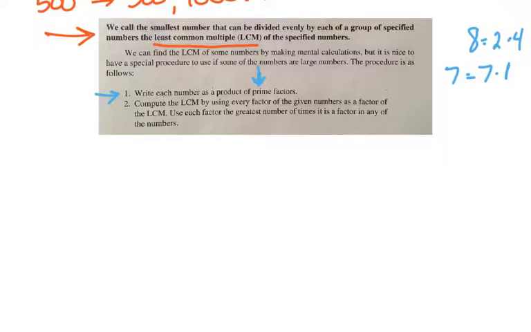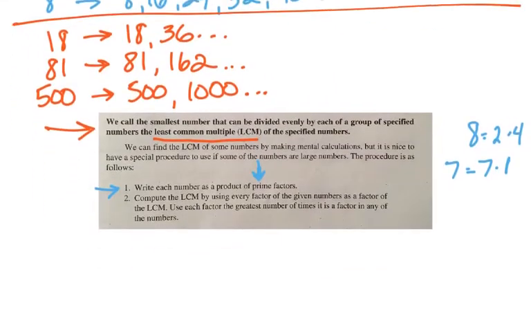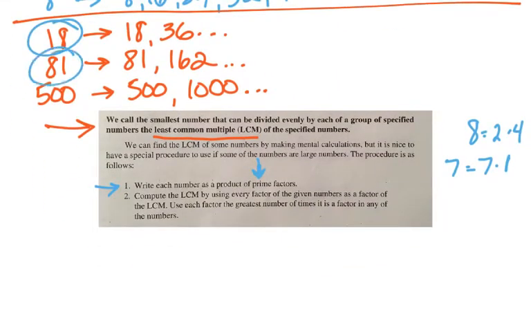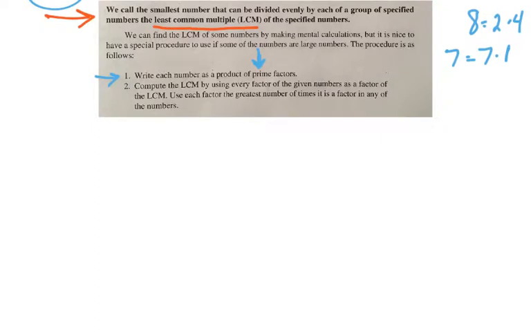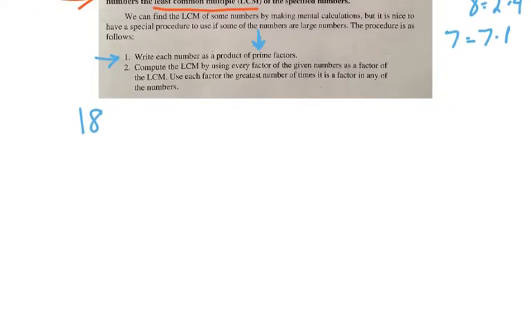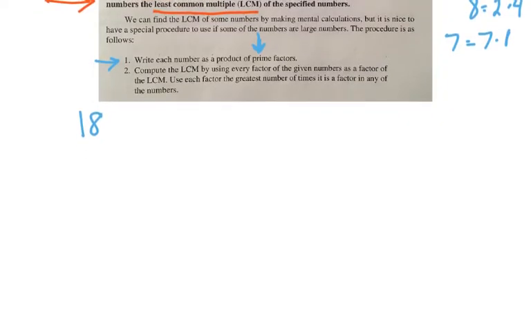So we're going to use the same 3 numbers that we had up above, 18, 81, and 500. And we're going to use Saxon's method here and start by writing each as a product of its prime factors. How I go about this is I make a little tree. I'm going to start with 18, then we'll do 81, and then 500.